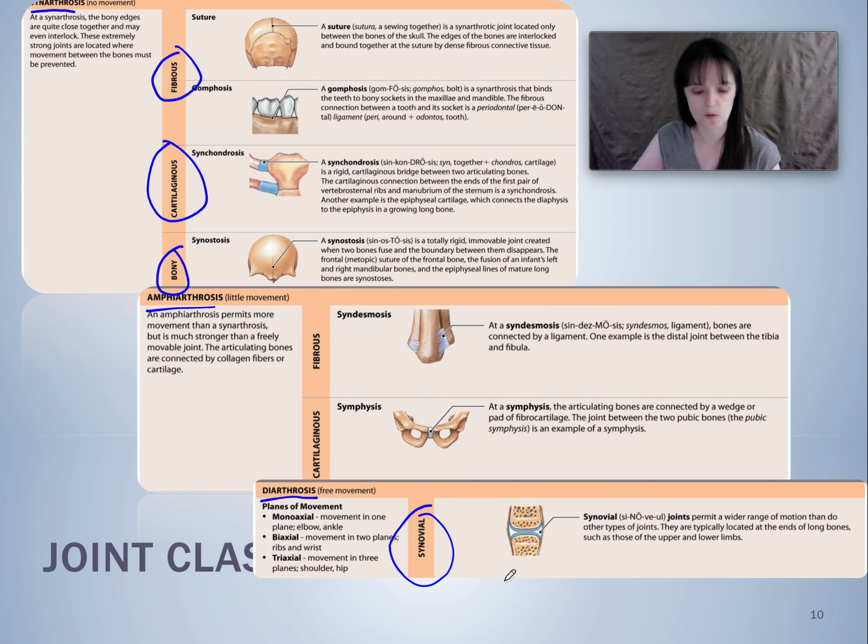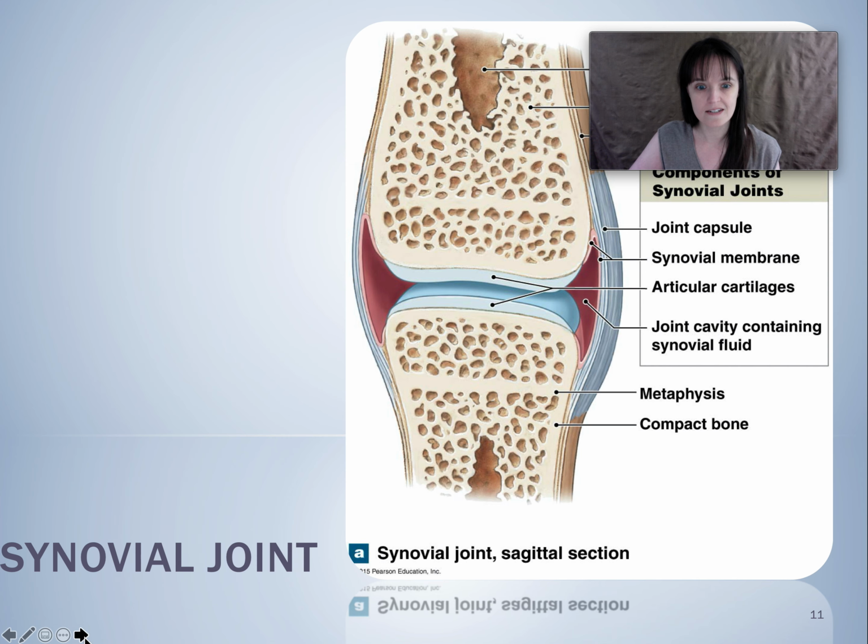Synovial is the fourth one. And all synovial joints are diarthrotic, and all diarthrotic joints are synovial joints. Okay. And there's a better picture of the synovial joint, which we will talk about for the top of page 13.